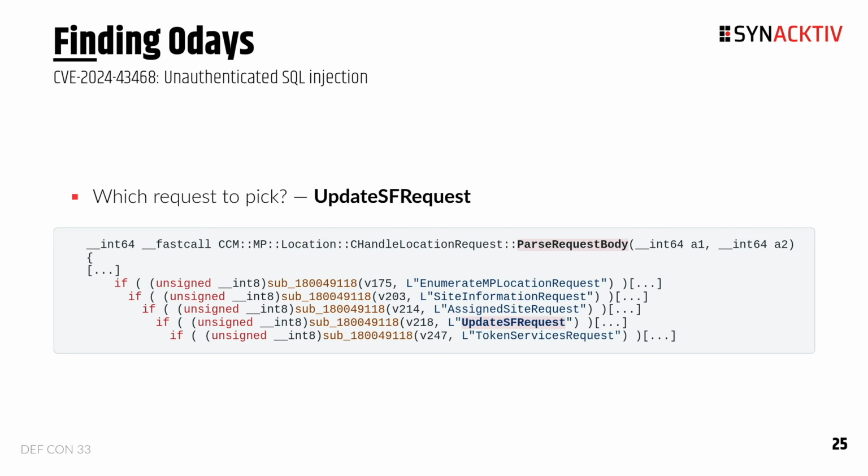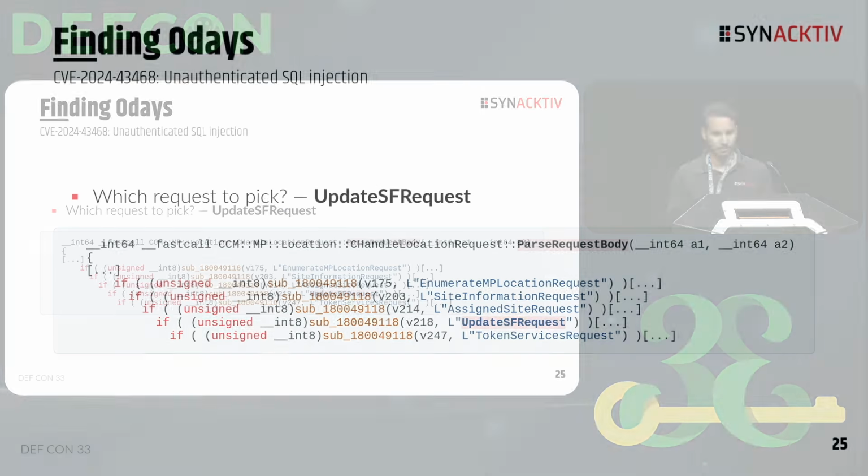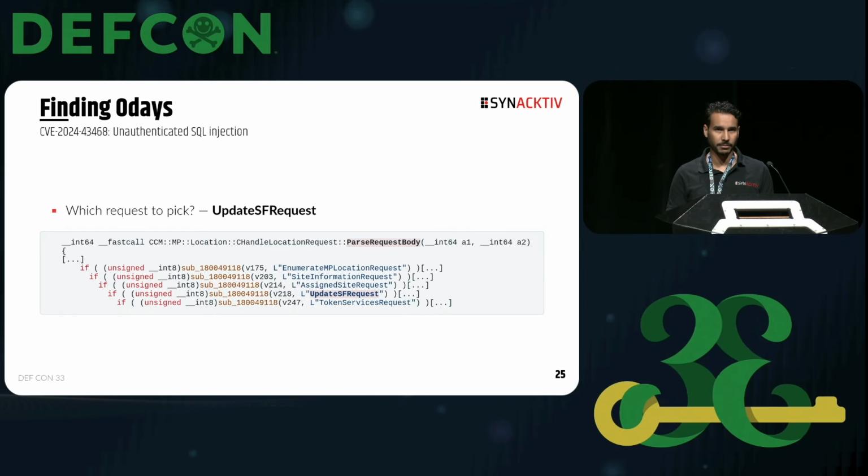This is an extract of the parse request body function, in which there are at least 20 names of XML documents that are processed by this service that you can reach. With the hint that I got from the debug string, I could quickly choose the UpdateSF request as the one to use to reach the flawed code.